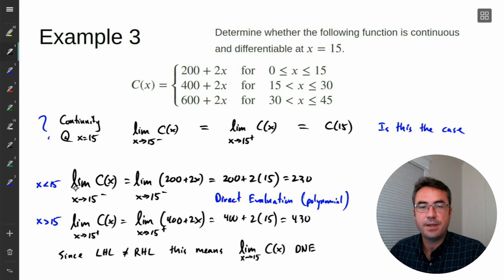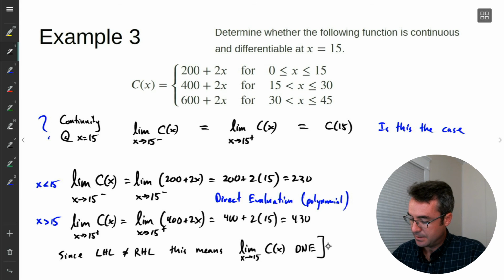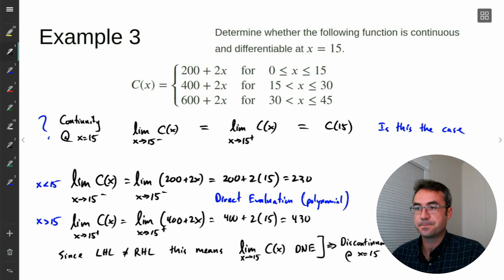So the left-hand and the right-hand limits are different for our function c of x, which means the overall limit does not exist. And if that overall limit does not exist, then our function is not continuous. So this means our function is discontinuous at x equals 15.